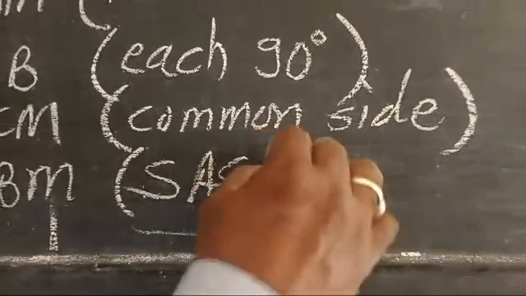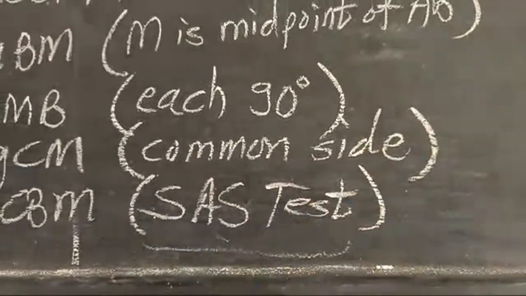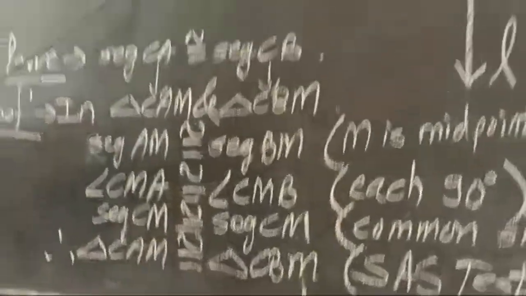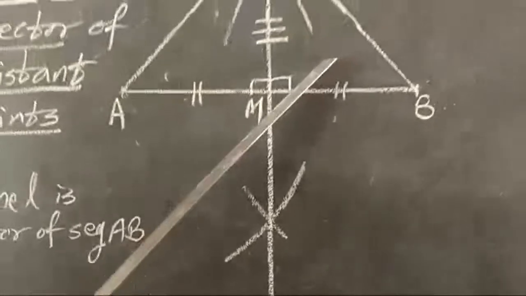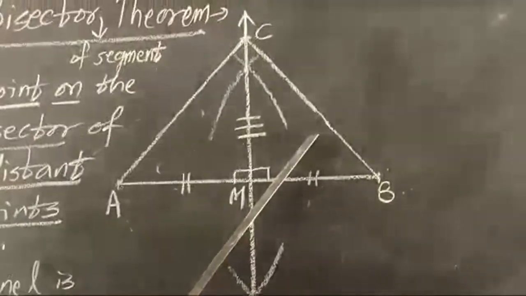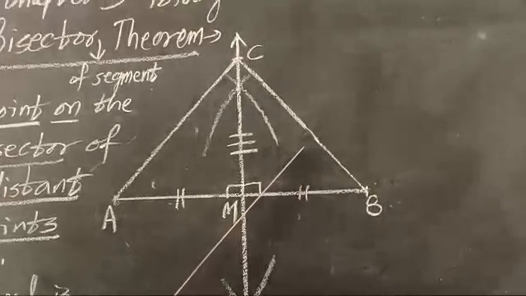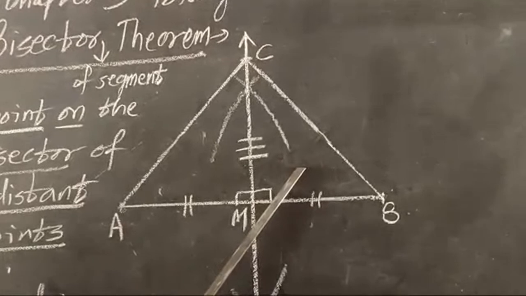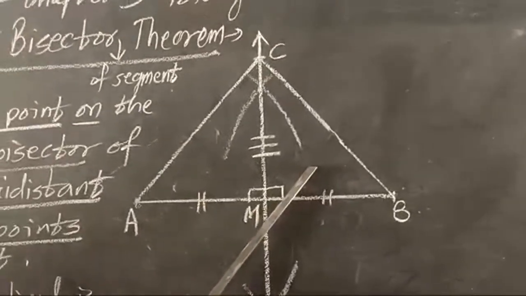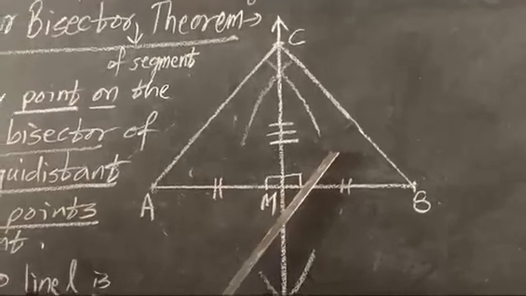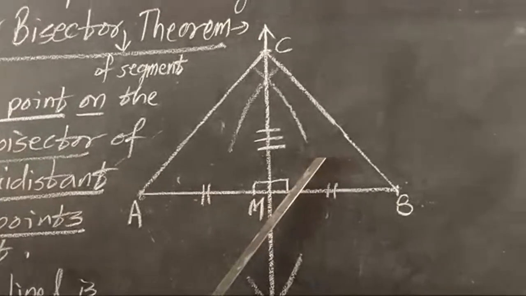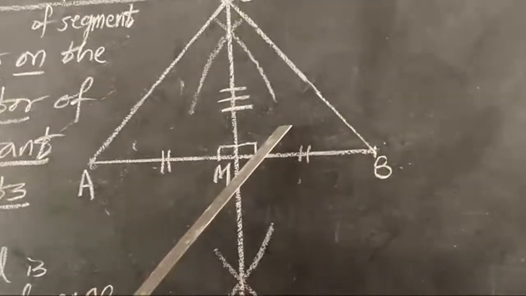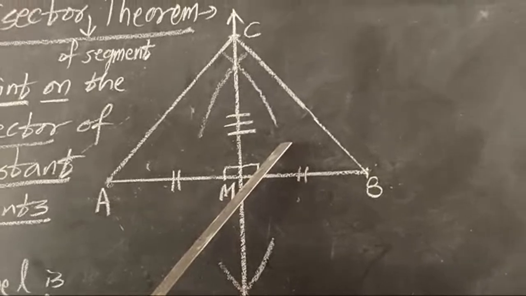If two triangles are congruent, then what we write? If two triangles are congruent, then there are two possibilities. First possibility is dot dot, and second possibility is dot dot.